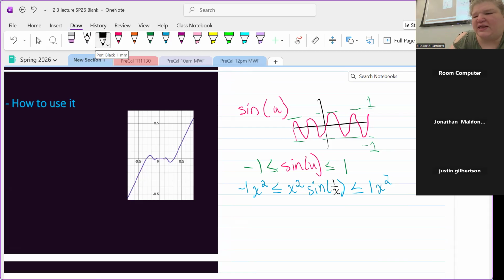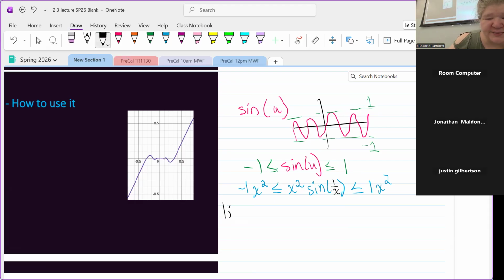But just looking at those two, it's hard to say which one of those has more control over the limit. But when we compare it to these other two, 1 x squared and -1 x squared, these are going to sandwich the graph in, squeeze it in, and force it to go to 0.